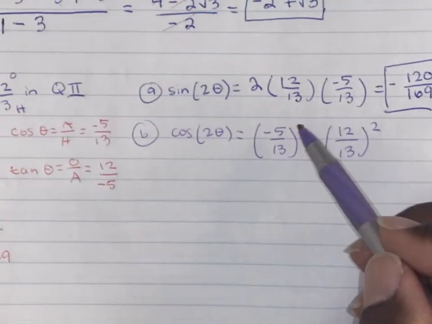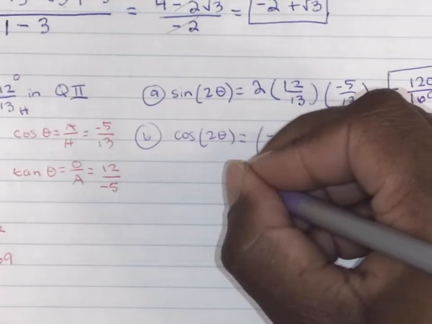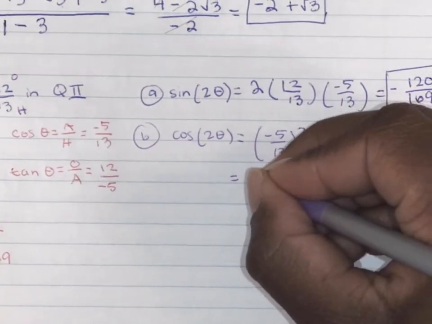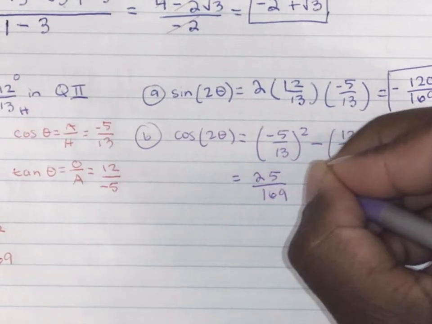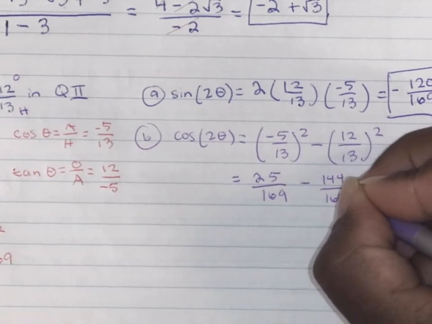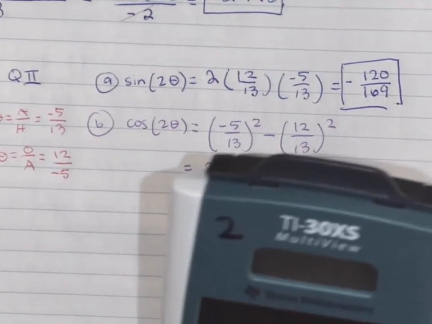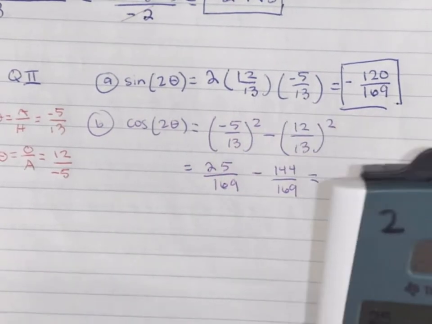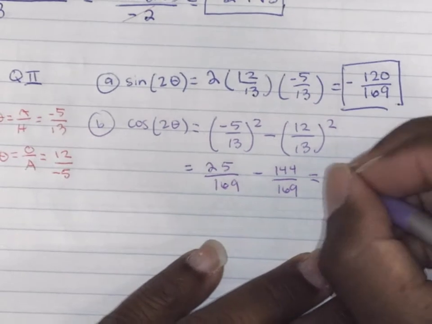All right, so when I'm squaring this fraction, I square the top and I square the bottom. So I get 25 over 169 minus 144 over 169. Since they have the same denominator, I can subtract the numerators. So I'll do 25 minus 144, and I get negative 119.